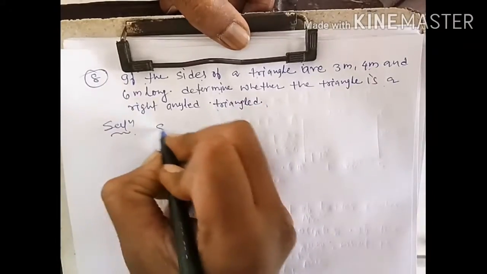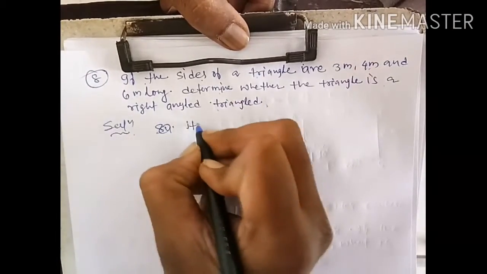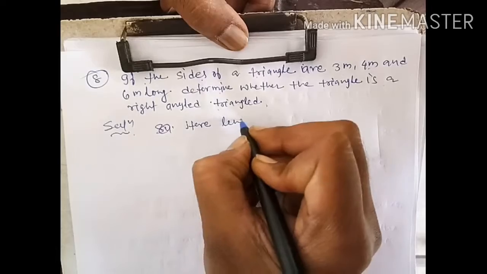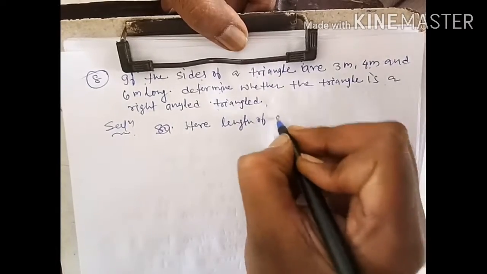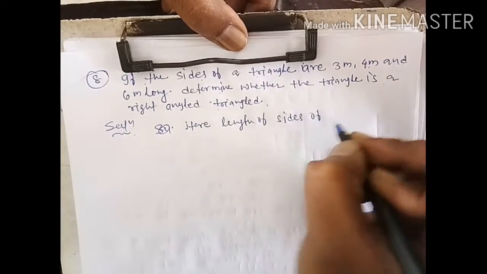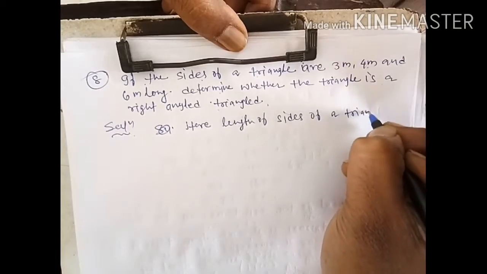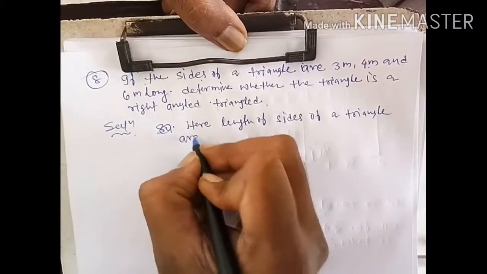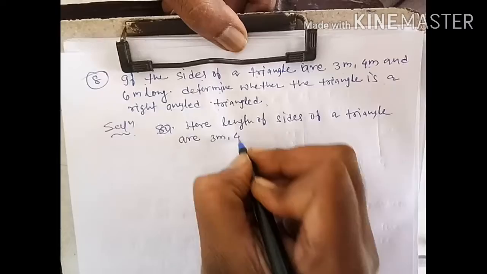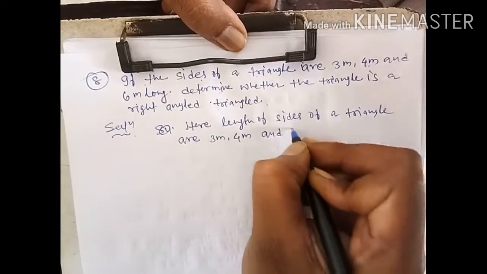First we make a sum of squares. Here the lengths of the sides of a triangle are 3 meter, 4 meter and 6 meter.